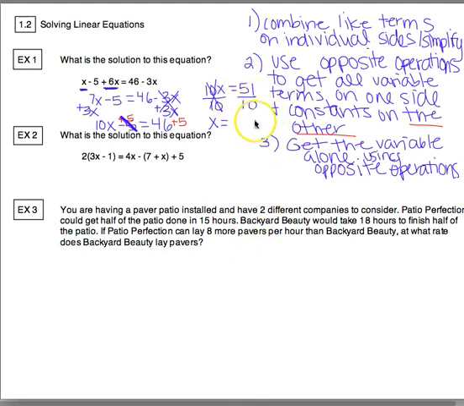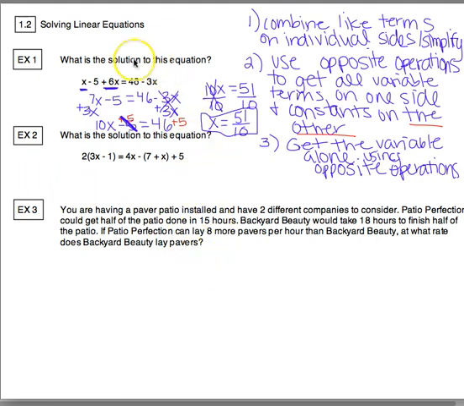So I have 51 over 10. So I would just look to see if I can reduce that, and you can use your calculator to help you decide that. But 10 is only divisible by 2, 5, and 10, and 51 isn't divisible by any of those, so there's nothing else I can do there. 51 over 10 would be my final answer.